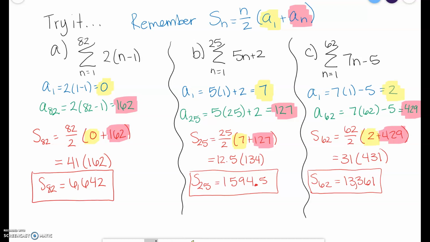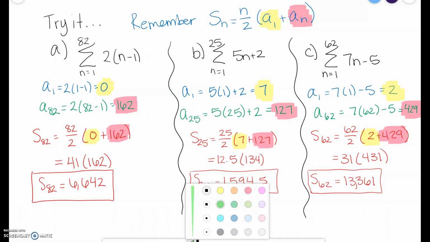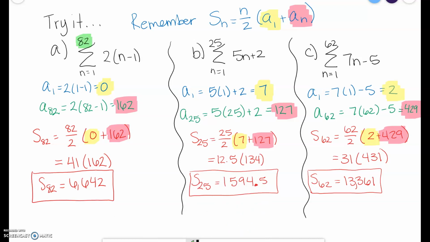And then you also needed to make sure that you used the n in the equation there. Okay. So after you find those first and last terms, plugging in your n, and then 82 divided by 2 is 41, and 162, and then you're just multiplying. And the same idea with all of these.